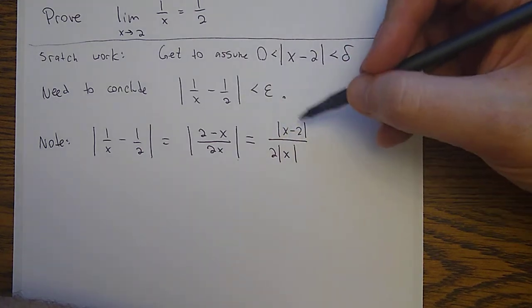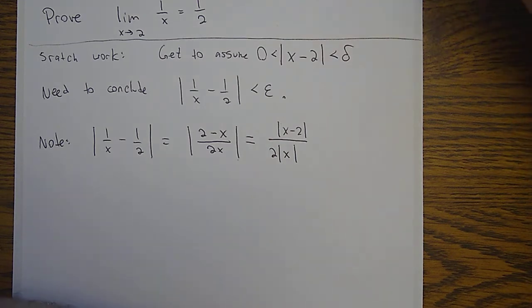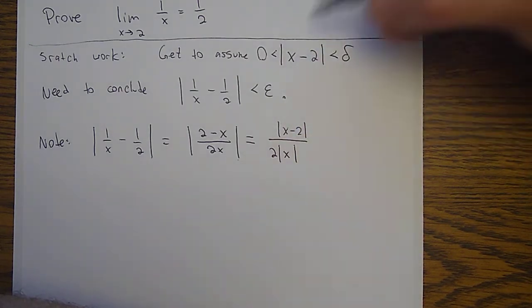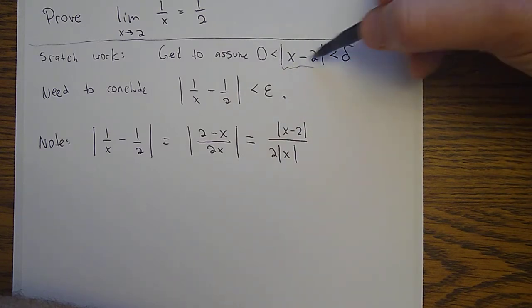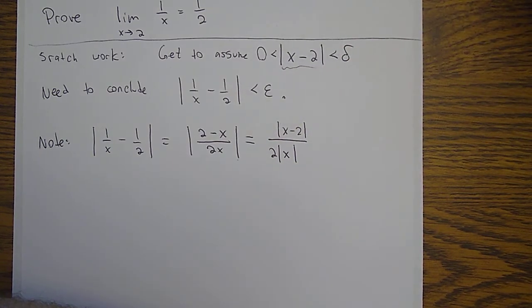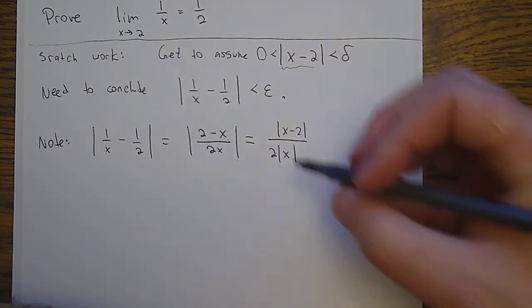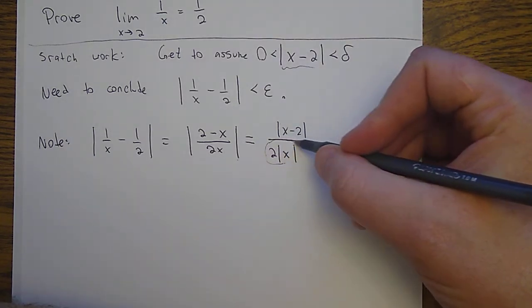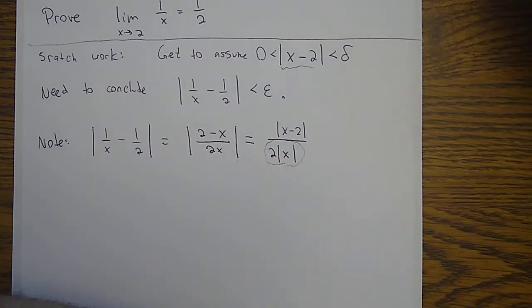Absolute value of x minus 2 is the same as the absolute value of 2 minus x. And I like that because it's this. I can say that that number is less than delta. But again, I'm worried about this. I don't know anything about this.